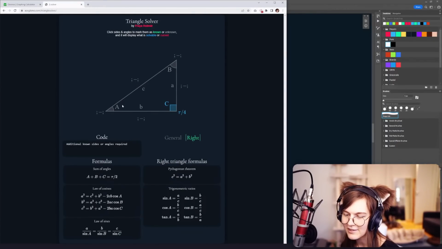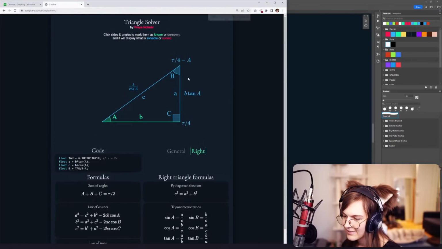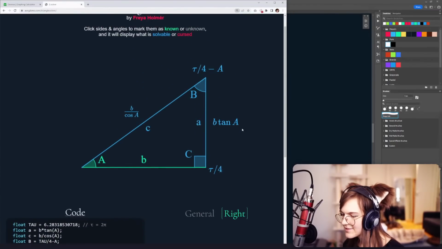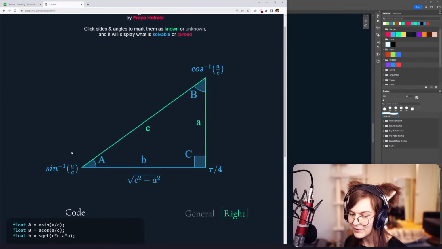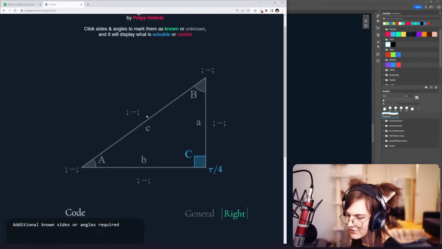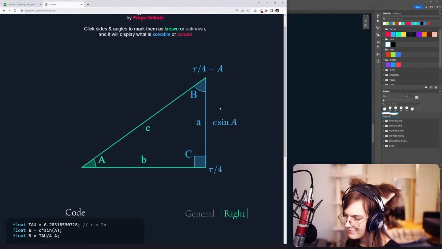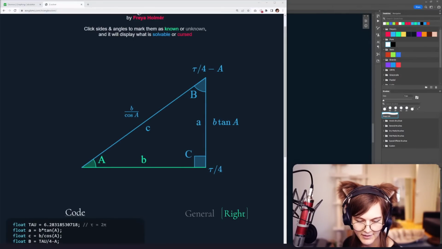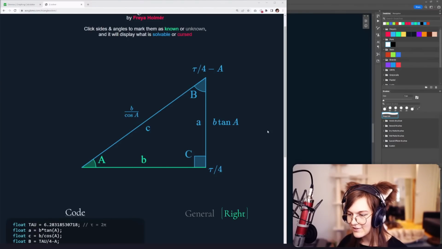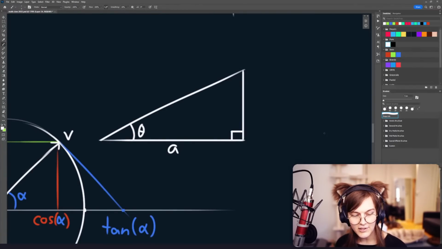If you click these, you can see how to calculate the rest of the information on this triangle. You have all of the trigonometric functions pop up here, depending on what you activate or deactivate. Here's a link if you want the triangle solver. But the point is that you can use these trigonometric functions to solve for unknown sides of a triangle.